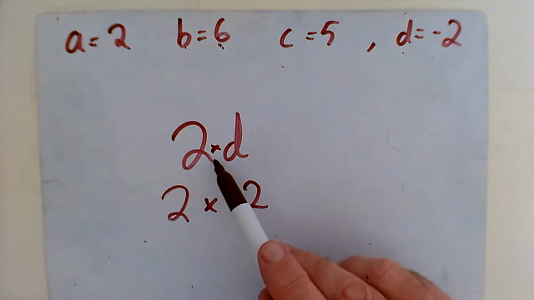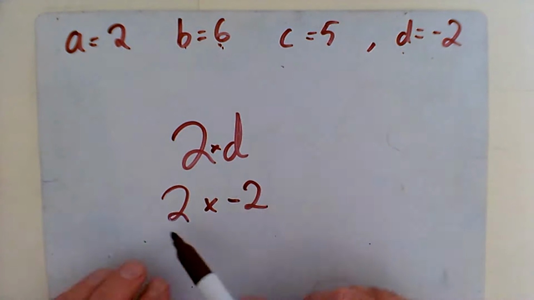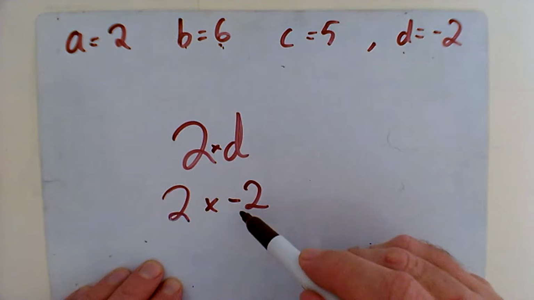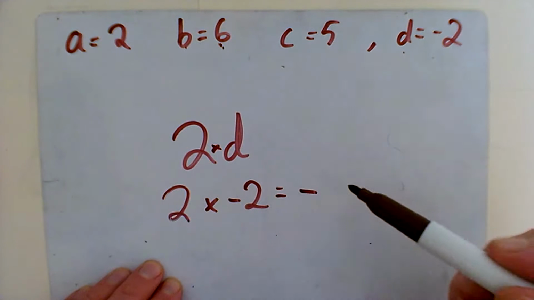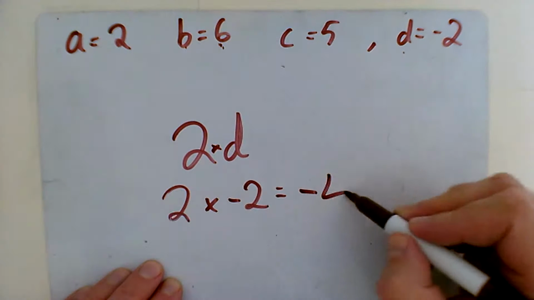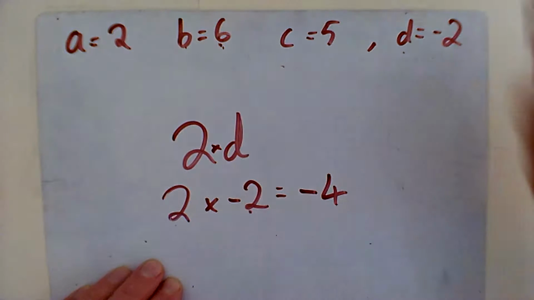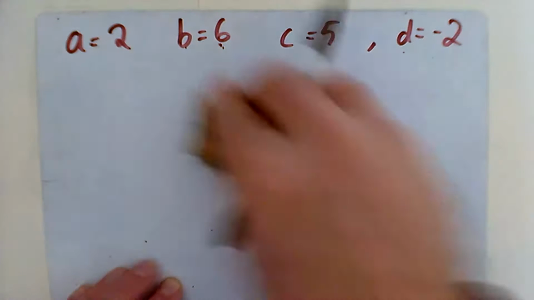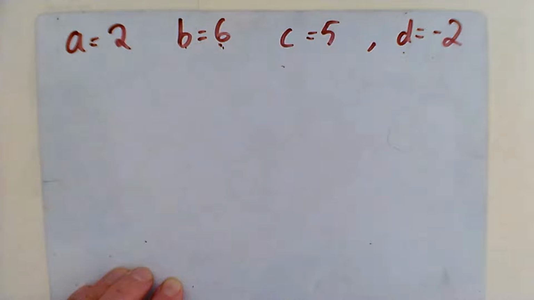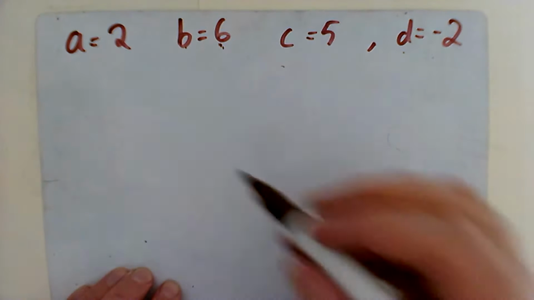Okay, if there's no sign there, it is a times. So remember, a positive times a negative will give me a negative, so that will give me -4. Okay, 2 times 2 is 4, and a positive and a negative is a negative. Okay, so when you're working with the negatives, just be a little bit more careful.